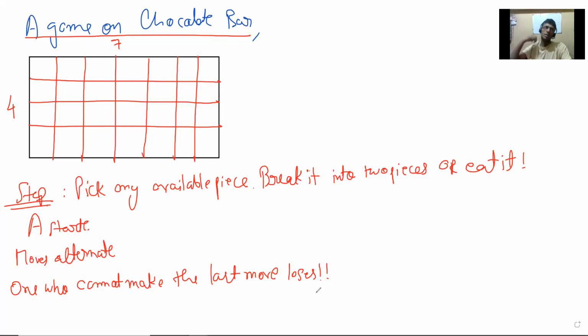So basically the person who eats the last piece of chocolate wins. I don't know if this question has changed, but we'll try to do this. So there are 2 kinds of things that you can do. That's the difference in this question.